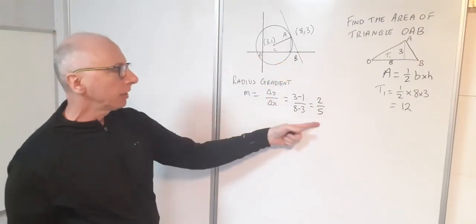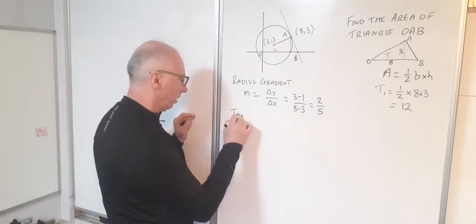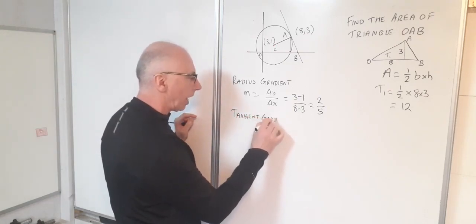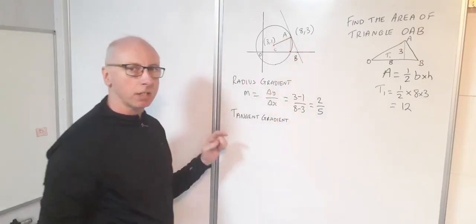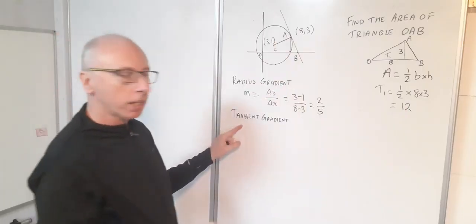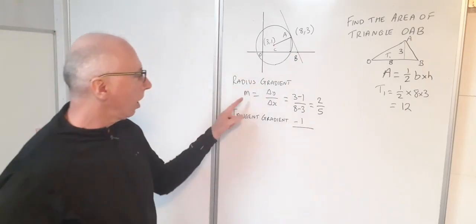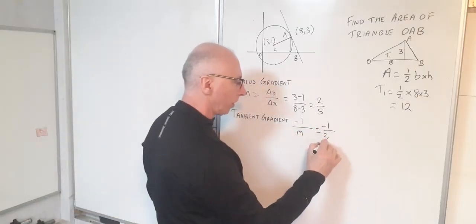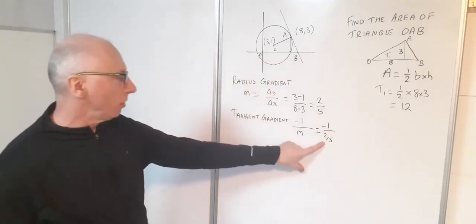Now from that, I can find the gradient of my tangent line. As that line is a tangent, it will be perpendicular to the radius. So I can use the perpendicular gradient formula, minus 1 over m, which equals minus 1 over 2/5, which gives me minus 5 over 2.